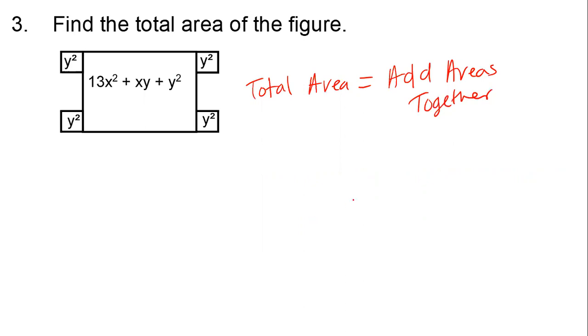So I'm adding all of the areas together. So we have y squared times 4 plus 13x squared plus xy plus y squared.